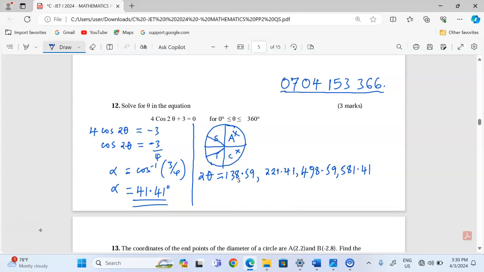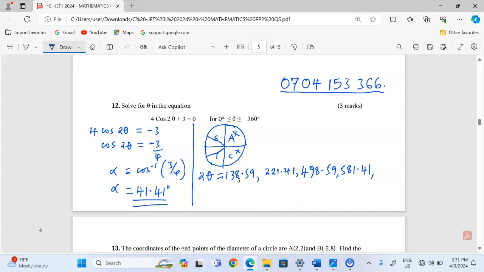It's good to get many possible angles, so that the ones beyond the limits you just omit in the final answer. Therefore, now I take 498.59 and add 360.